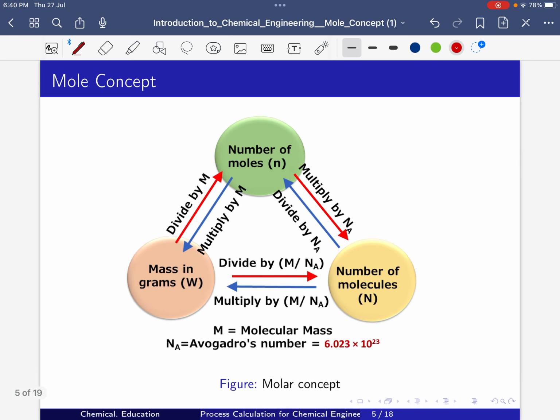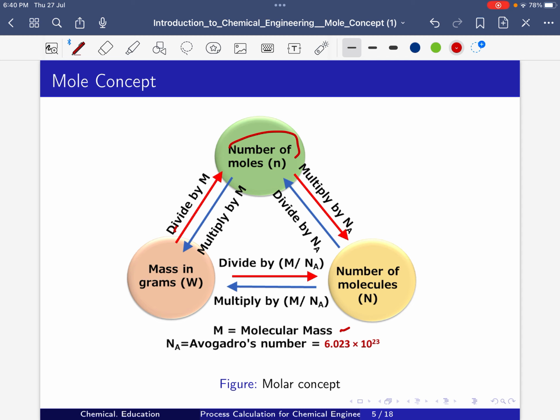Now here the relation is given. If we want to calculate from number of moles to grams, we have to multiply by the molecular mass. If I divide mass in grams by molecular mass, we get the number of moles.